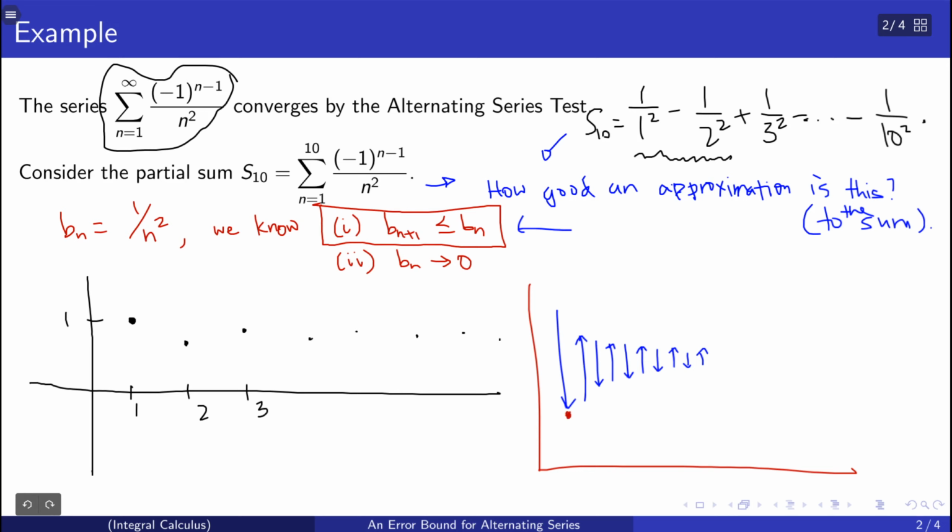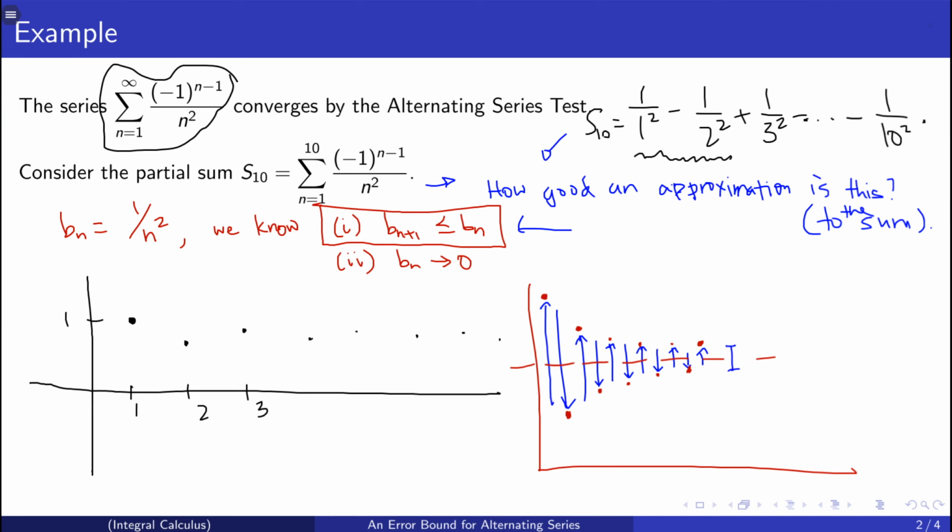Let's say the first partial sum is somewhere here. You added a term, then you subtracted, now you're down here, then you added, then you subtracted, and so on. If the terms you're adding and subtracting are getting smaller and smaller, my actual sum is going to be somewhere in between these two values, because the magnitude in which you're adding and subtracting only gets smaller. So your sum must be somewhere in here.